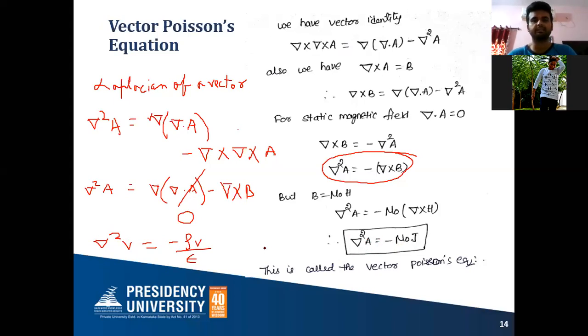So there's a difference here. This was a scalar, here it is a vector. That's why it is called vector Poisson's equation. In electrostatics it was just Poisson's equation, del square V equals minus rho V by epsilon, because V was a scalar quantity.